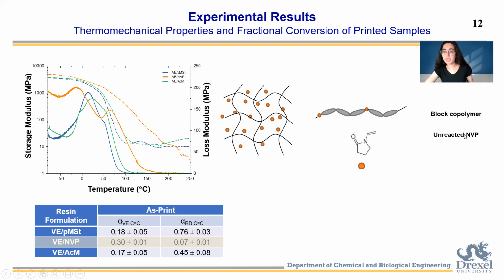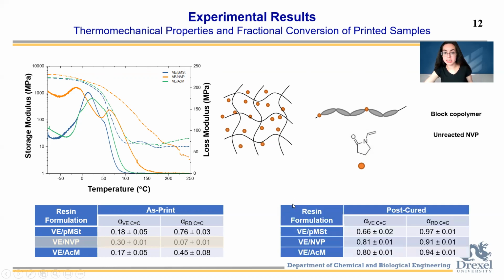However, 93% of the NVP remains very much unreacted and unincorporated into the system. So the first, highest Tg phase here, or glass transition phase, is the bulk vinyl ester network that's formed. And this very low one is potentially unreacted N-vinyl pyrrolidone within the system.